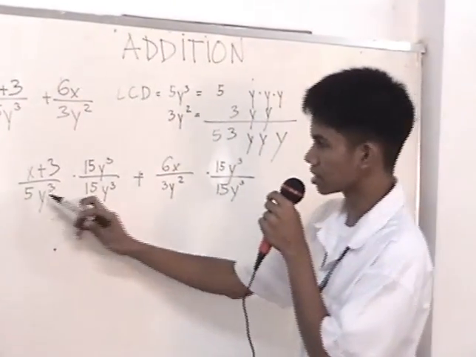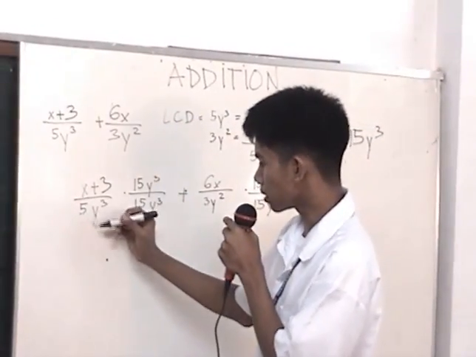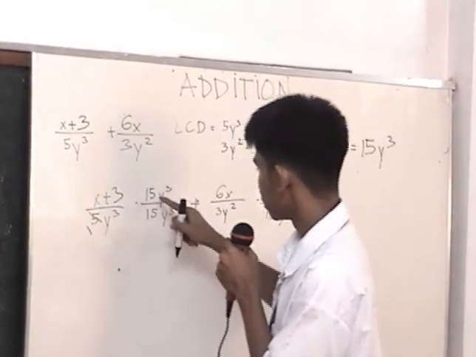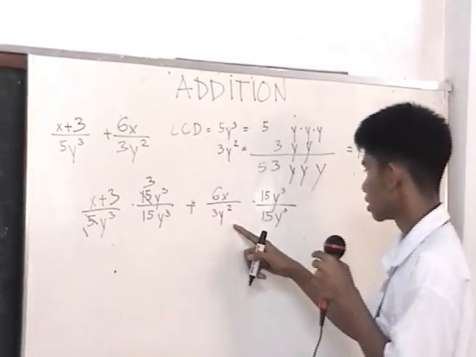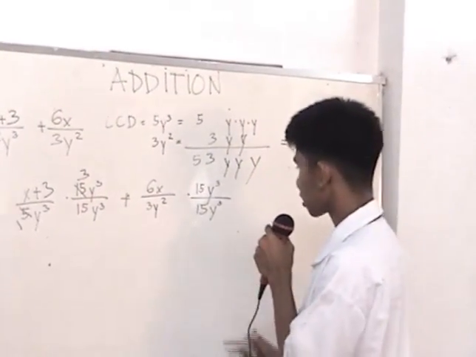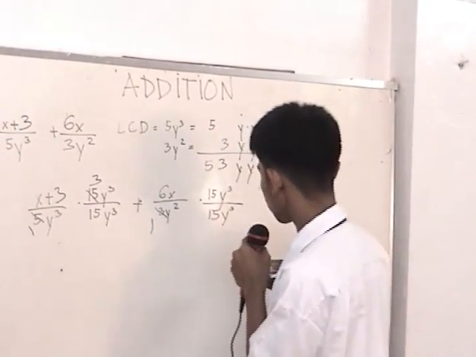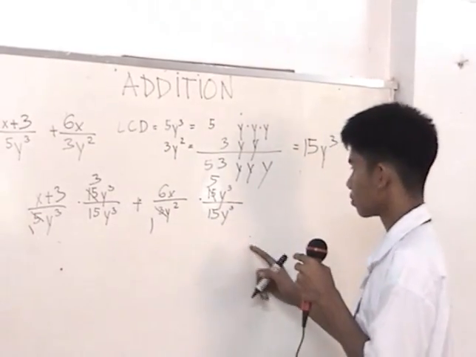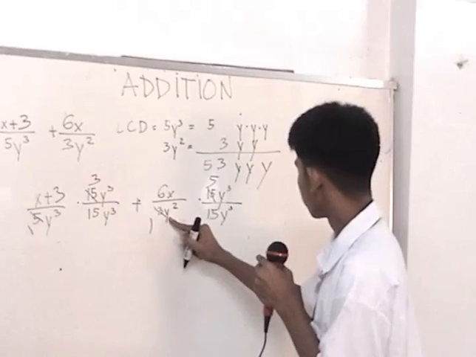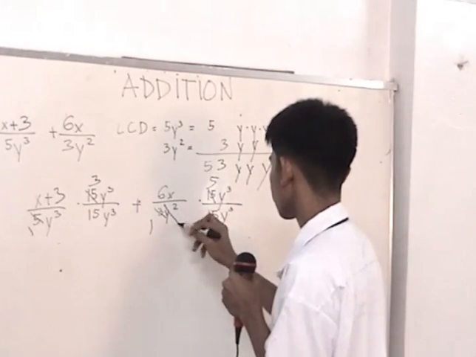We notice that they have common factors. 5 divided by 5 is equal to 1. 15 divided by 5 is equal to 3. Here, they have common factors of 3. 3 divided by 3 is 1, and 15 divided by 3 is 5. And they have y squared, so we cancel out.